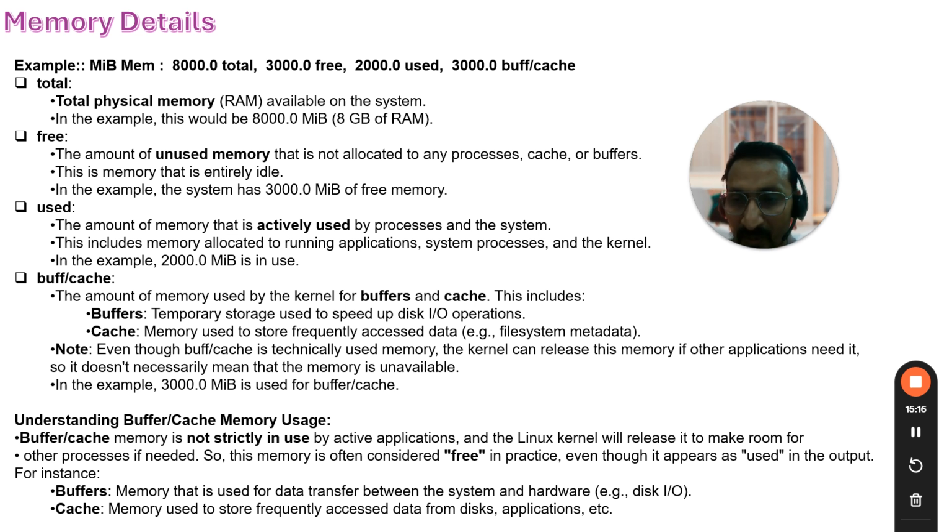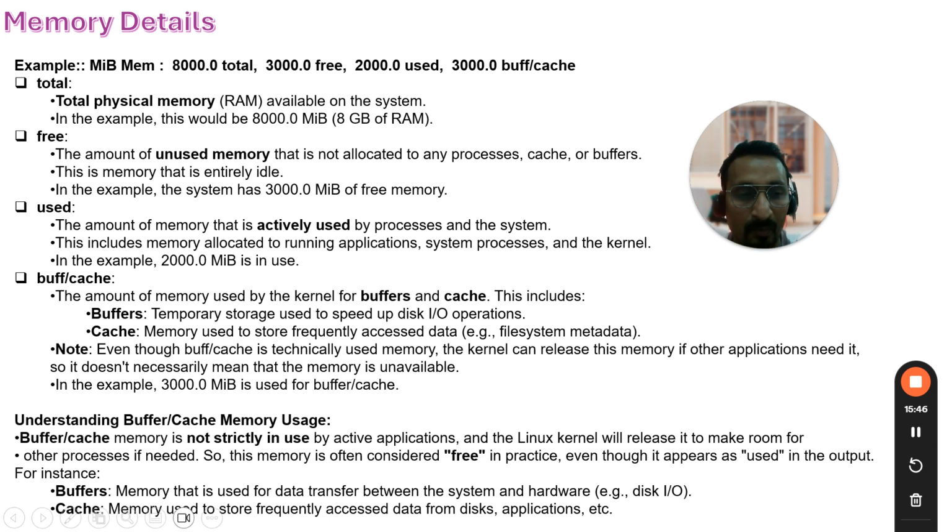So let's take a simple example. Suppose you have some process coming up which requires RAM, right? And we don't have sufficient space in the RAM. So what the kernel will do is free up the buffer or cache space and move some pages from your RAM.